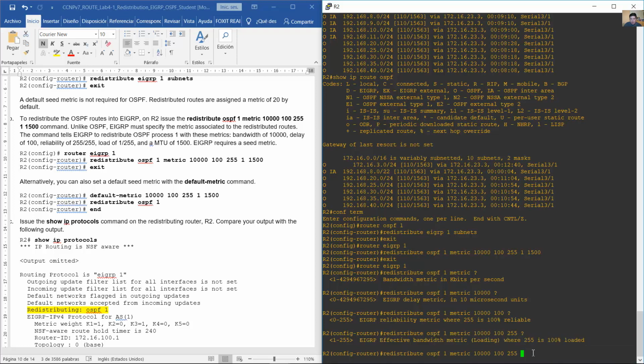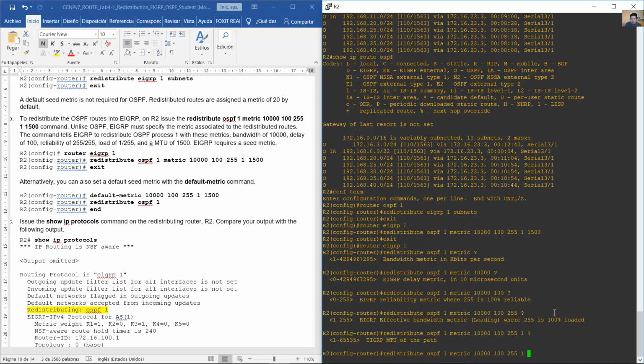Okay, only 1, low load. Question mark: from 1 to 65,000 is the EIGRP MTU of the path. Basically, use the MTU of 1,500. Okay, this is the specific configuration. I just apply it.